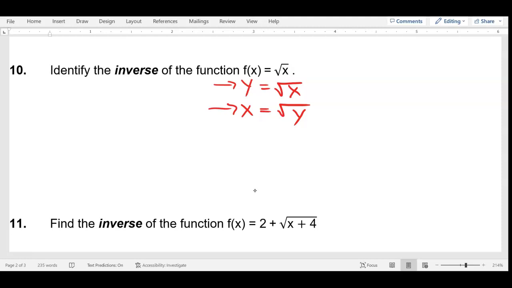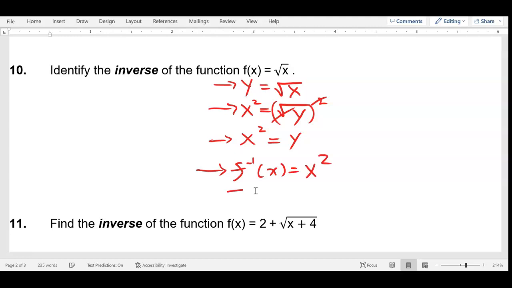To get rid of a square root, I'm going to square both sides. So now I have x squared equals y. And then last step, I need to switch the order and write it as an inverse. F inverse of x equals x squared. That's it.